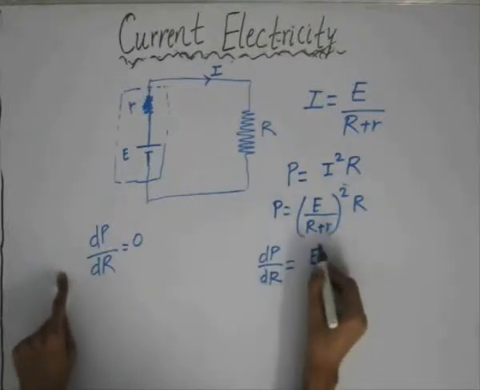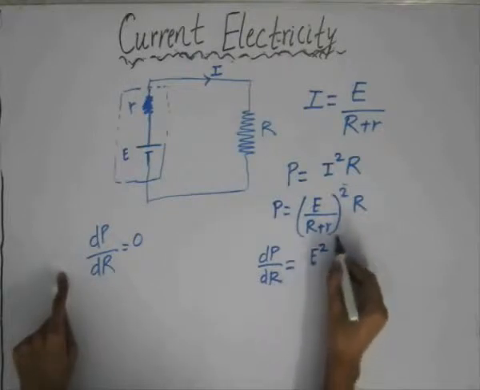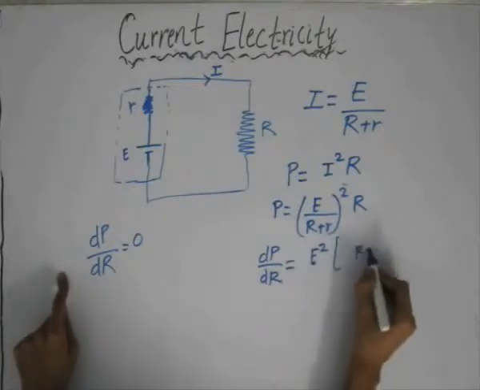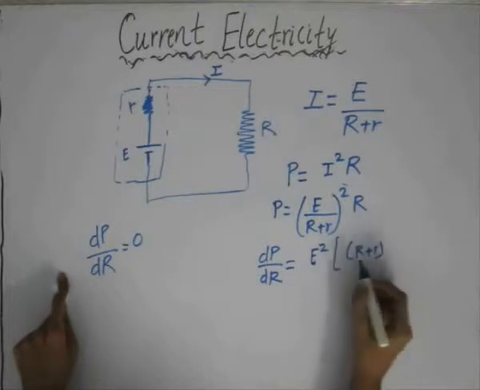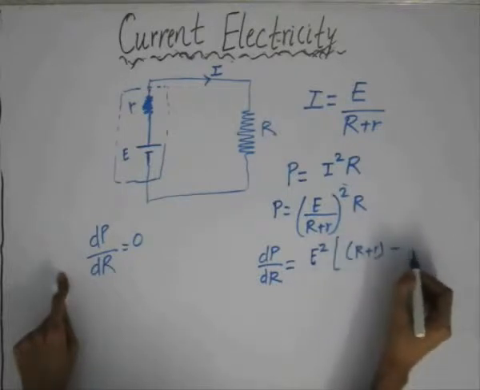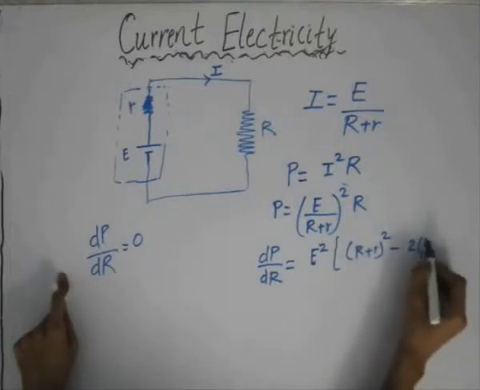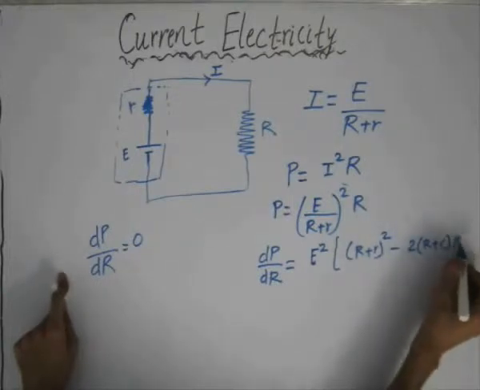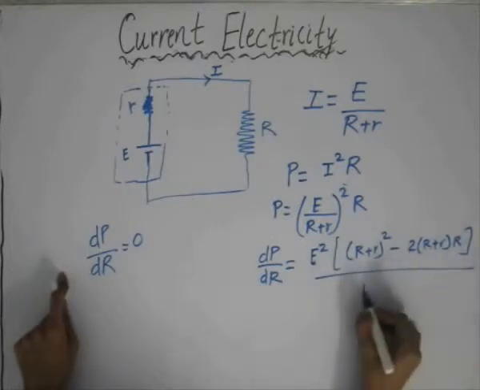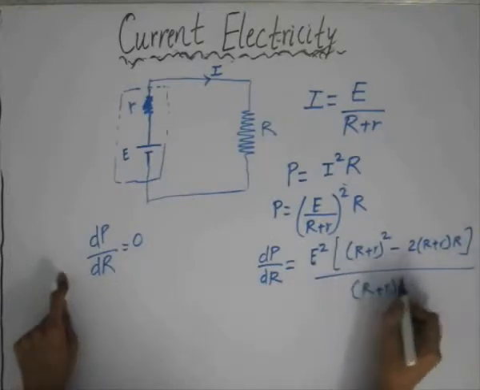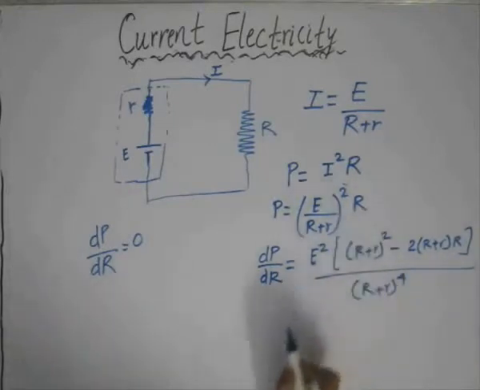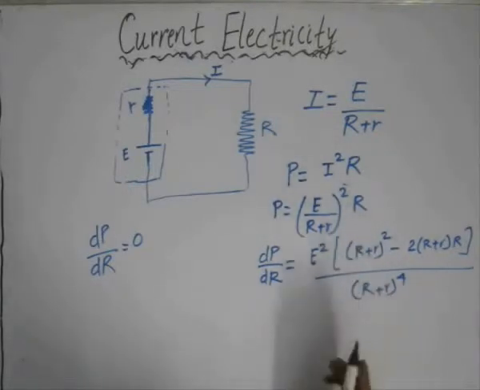Since E is constant in this case, we can take it out. So this would be R plus r squared minus 2 times R plus r times R, divided by, the differentiation of this expression with respect to capital R.